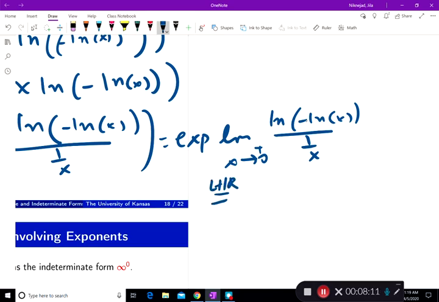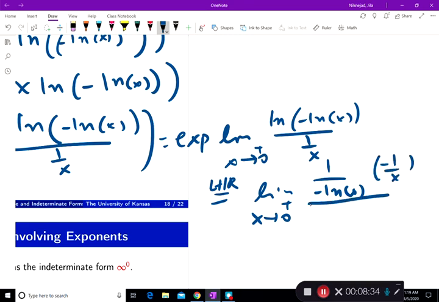and we end up with 1 over, let's see, limit is forgotten. Let's write it. Limit x, without the limit is not correct. 1 over negative natural log of x times derivative of inside, which is negative 1 over x, divided by 1 over x squared.